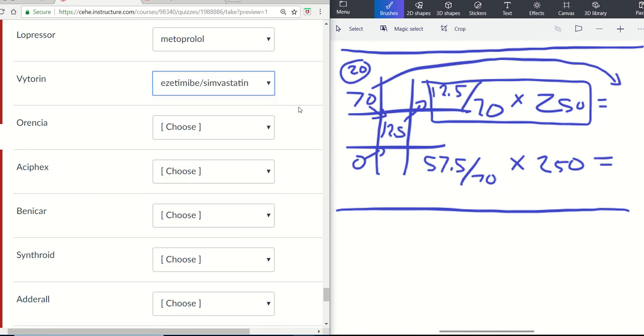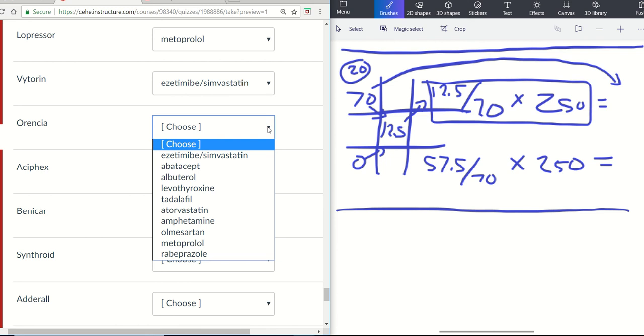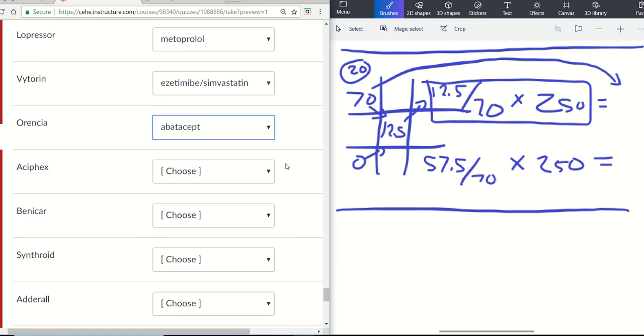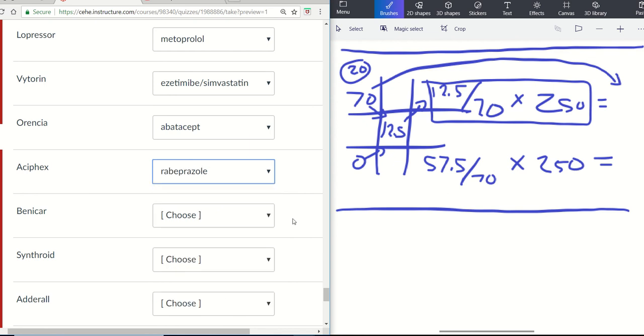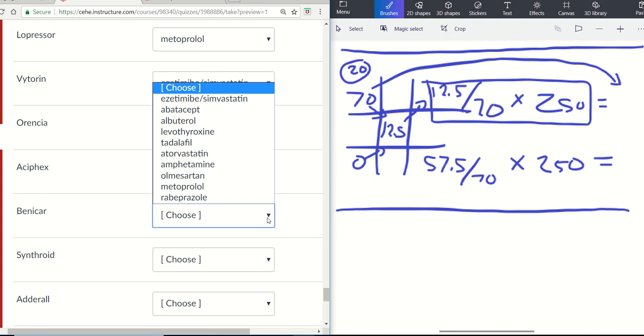So that's cholesterol meds. Orencia. It's a biologic agent. Abatacept. Yep. Aciphex, pH in the middle. Aciphex, so that is an acid med. Rabeprazole. That's a proton pump inhibitor. Benicar.